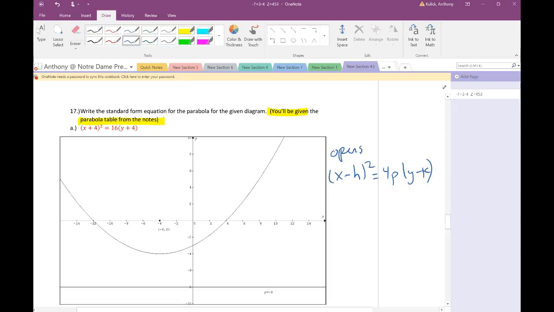To fill this in, I need to know the values for H, P, and K. I know that the equation for the directrix is y equals K minus P, and the equation for the focus is H comma K plus P. And I got that just by looking at my table.